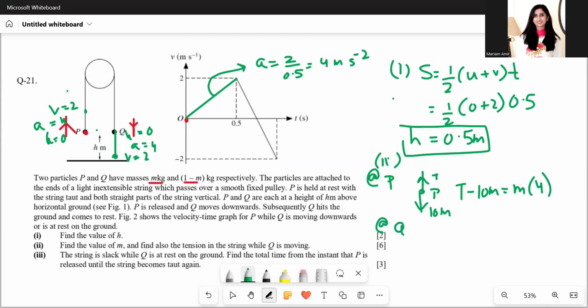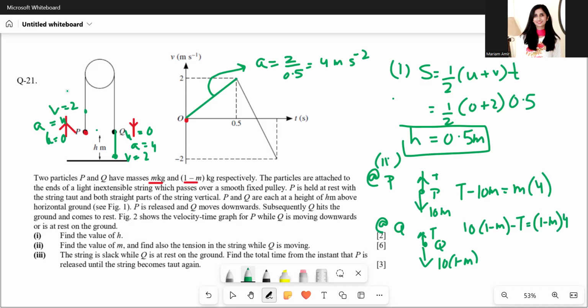Now at Q, since it's moving downwards, the forward force is its weight, which is 10 times 1 minus M, and the backward force is tension. So 10 times 1 minus M, minus T, is equals to mass, which is 1 minus M, times 4. This is going to be the second equation.